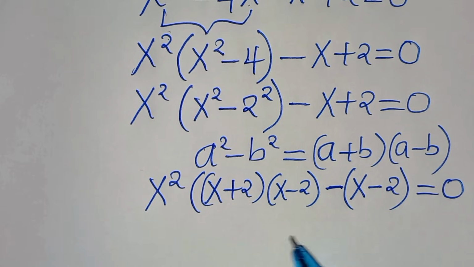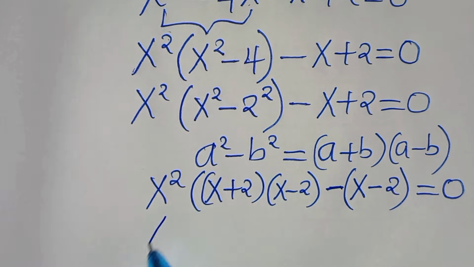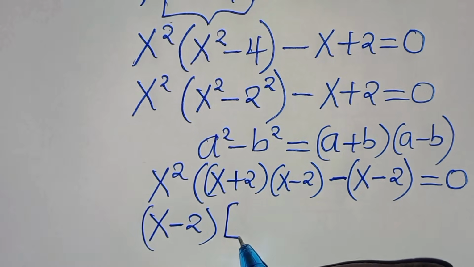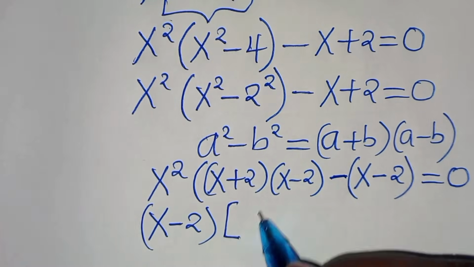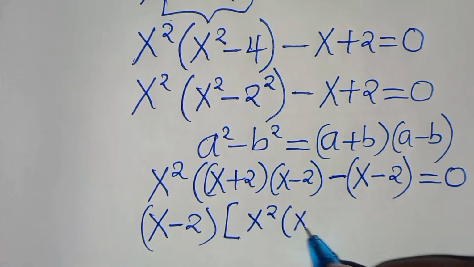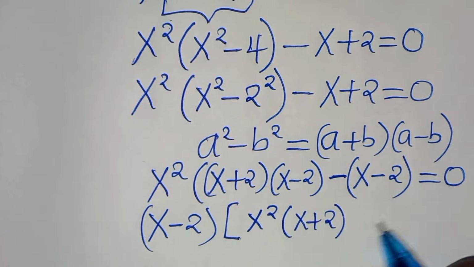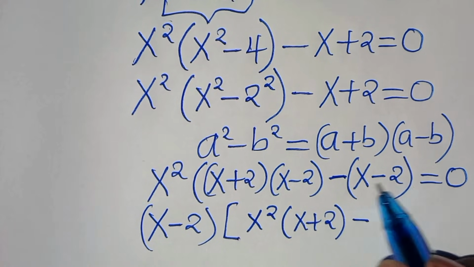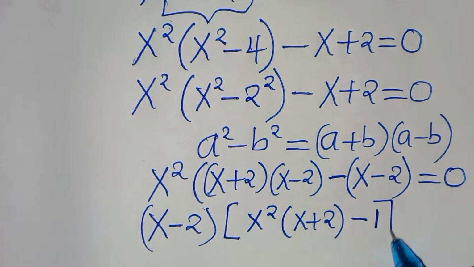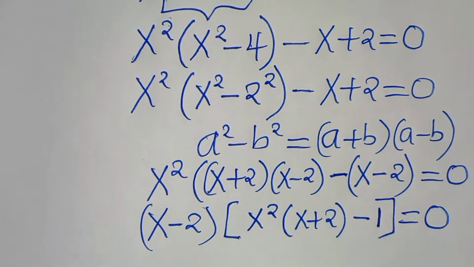Now, from what we have here, x − 2 is common, so we can factor out x − 2 into the parentheses. This is x² multiplied by (x + 2), then minus (x − 2) divided by (x − 2), which is equal to 1, so minus 1, equal to 0.